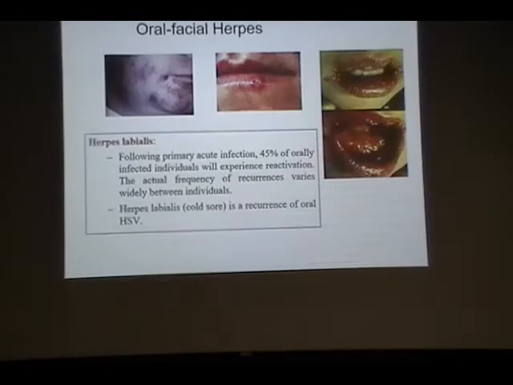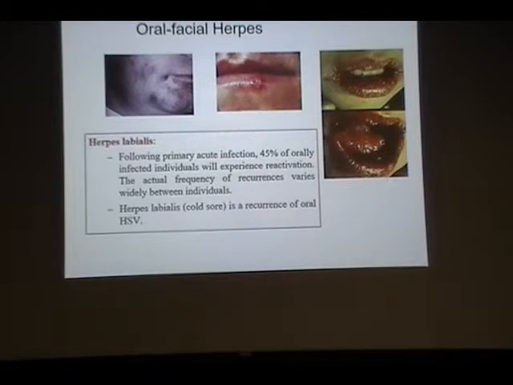So this is how it looks when the herpes virus attacks your face, your lips, your mouth, your tongue, etc. This is how it appears during the early time when you have a herpes simplex infection: it's red and painful, and it can last several weeks.